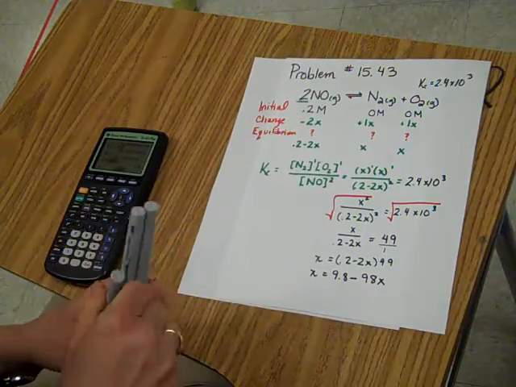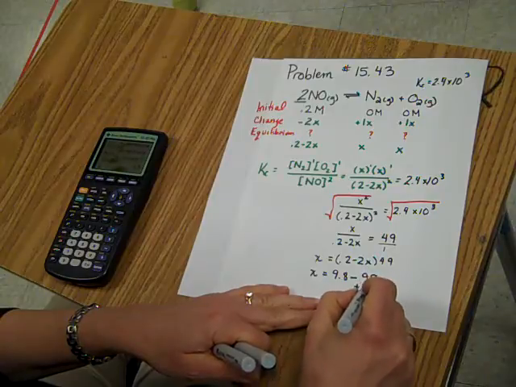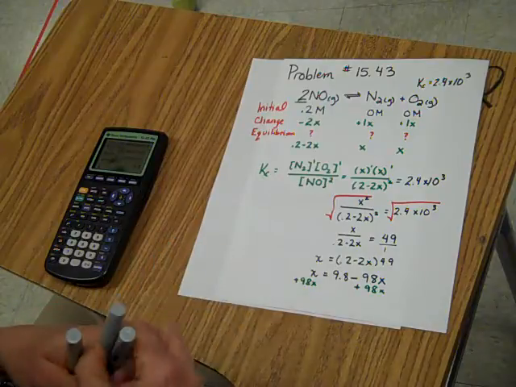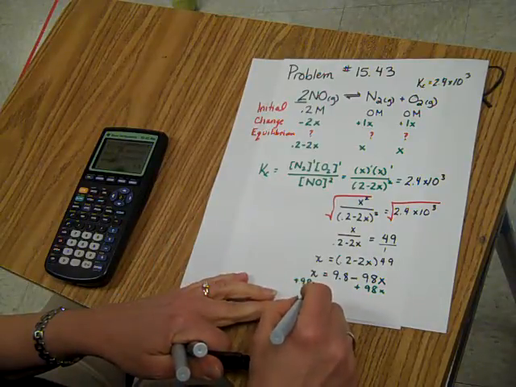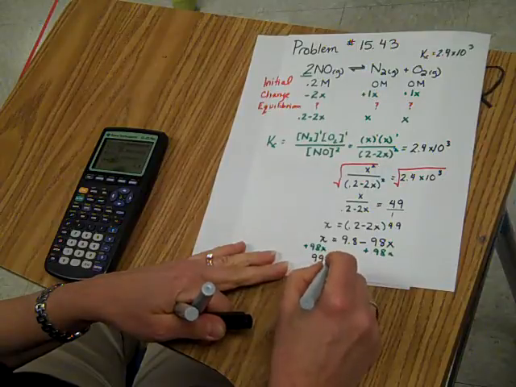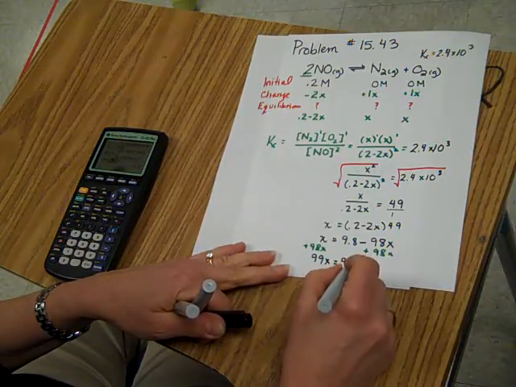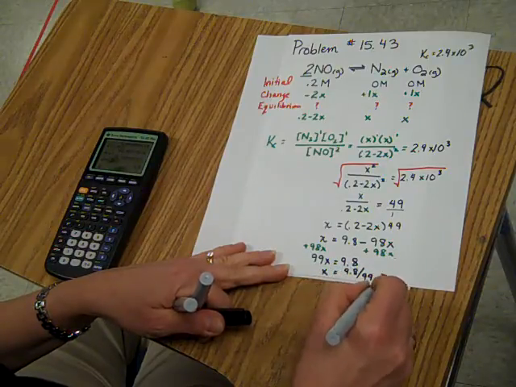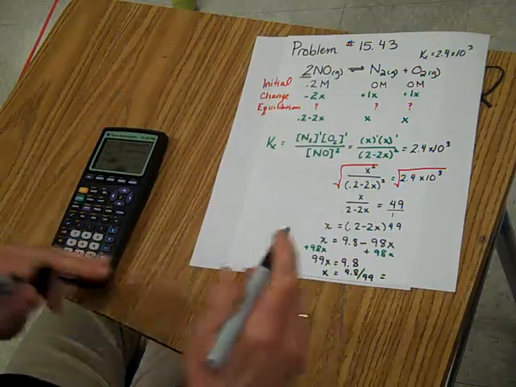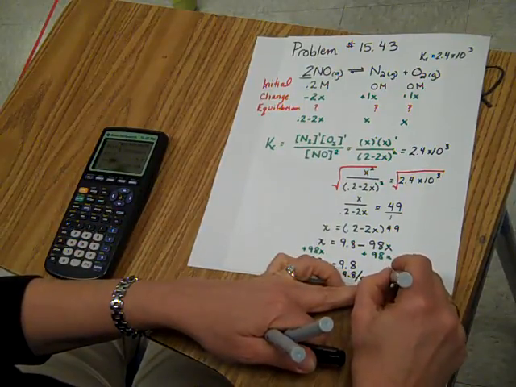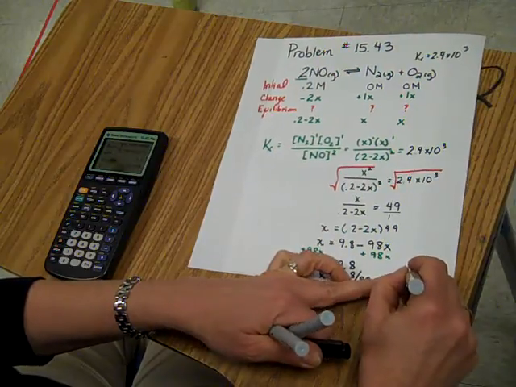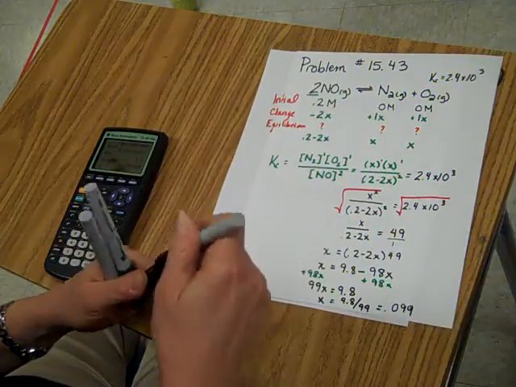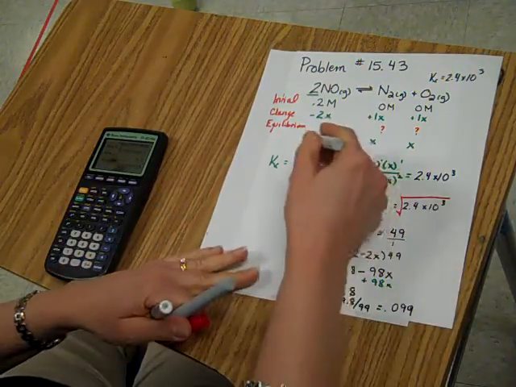Now I'm going to add my 98x to both sides, and I get that 99x is equal to 9.8. So in the end, x is equal to 9.8 over 99, which is 0.099.